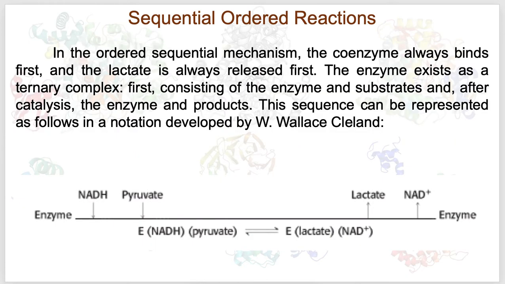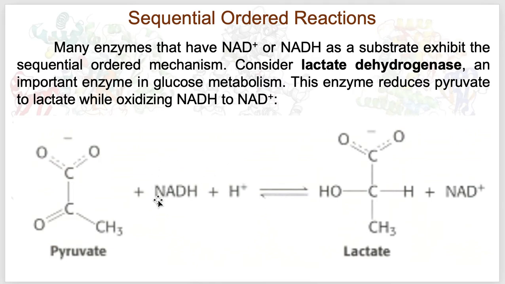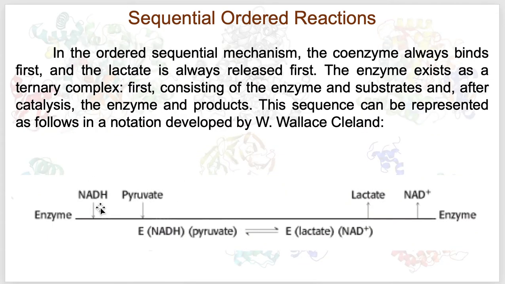I forgot to mention that NADH acts as a coenzyme in this reaction. First, this coenzyme NADH will bind with the enzyme, then the second substrate pyruvate will bind with the enzyme. This has to be done in an orderly fashion.